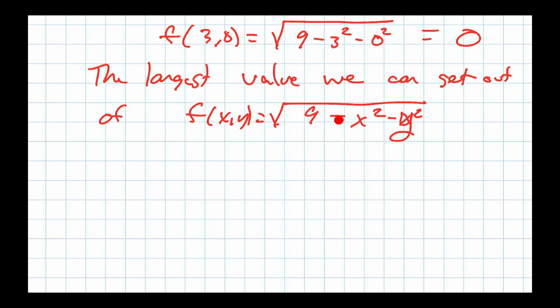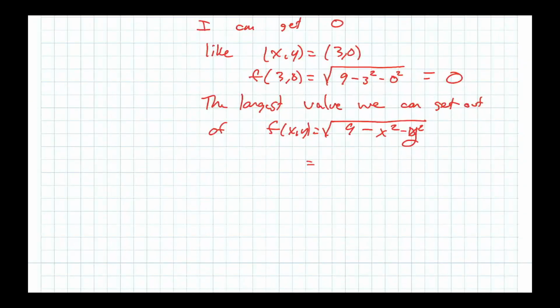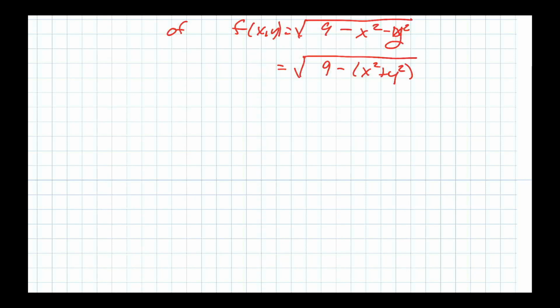Well, it's 9 minus something positive, right? So the biggest you can actually make the inside here is going to be 9, because it's always 9 minus something. Let me write it a little nicer here: 9 minus, for example, x squared plus y squared, right? So this is the square root of 9 minus something positive.